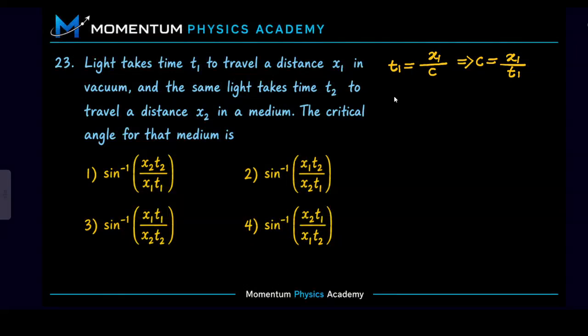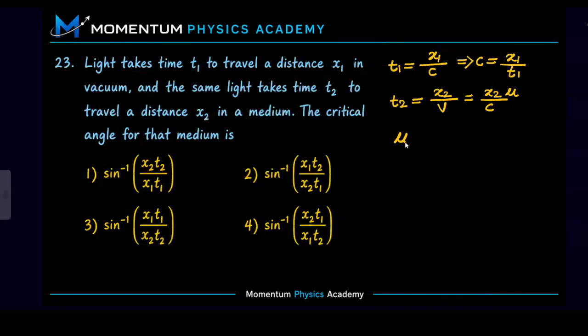Next, in a medium, t2 is equal to x2 by the speed in the medium. Tell me now. This can be written as x2 by c by mu, so mu goes to the numerator.